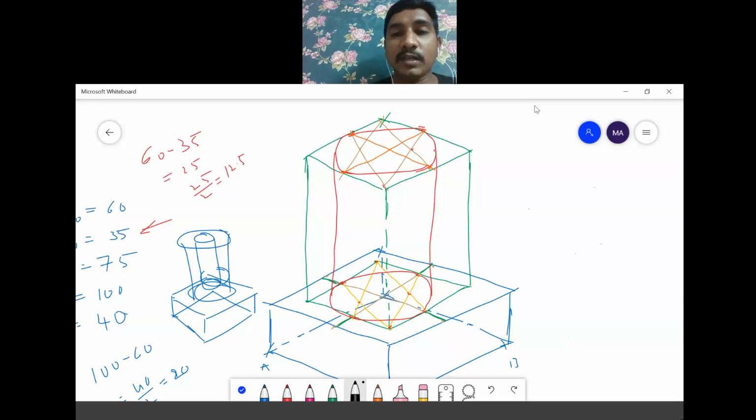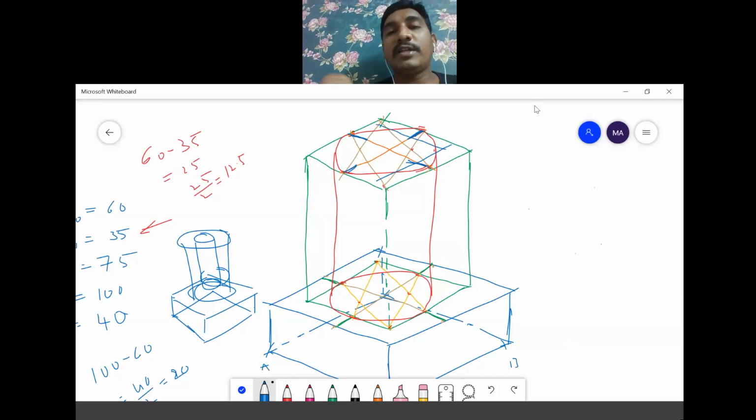I am reducing it. How much? 12.5 mm here. 12.5 mm here. 12.5 mm here. 12.5 mm here. I am drawing a parallel line to these lines. Should be very light.